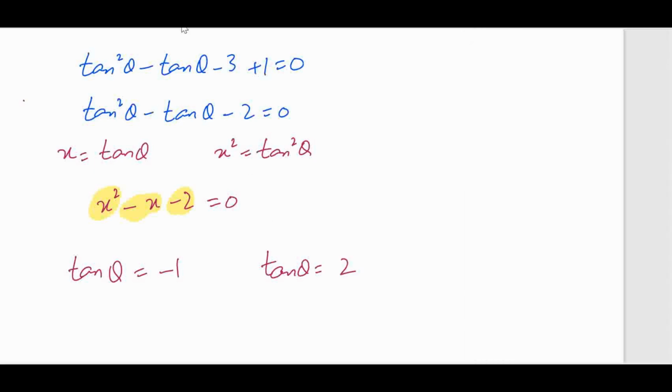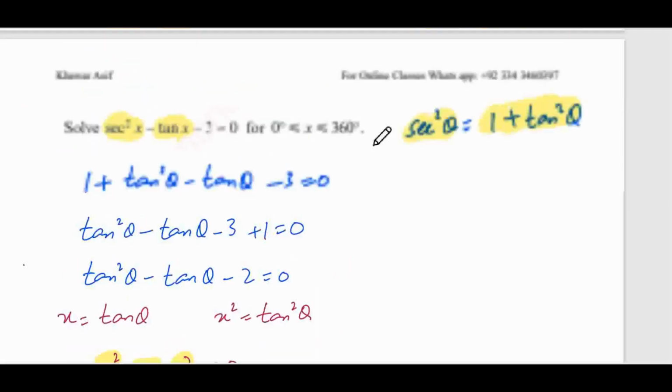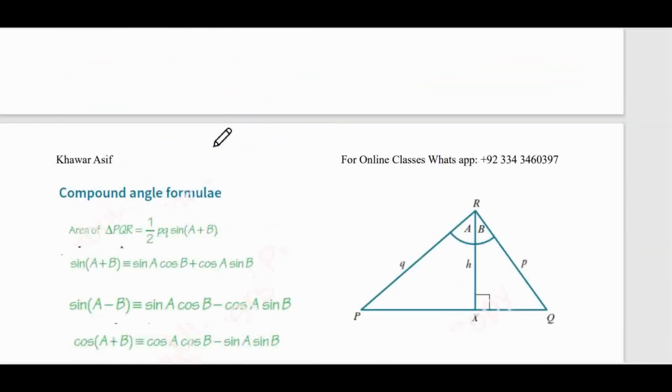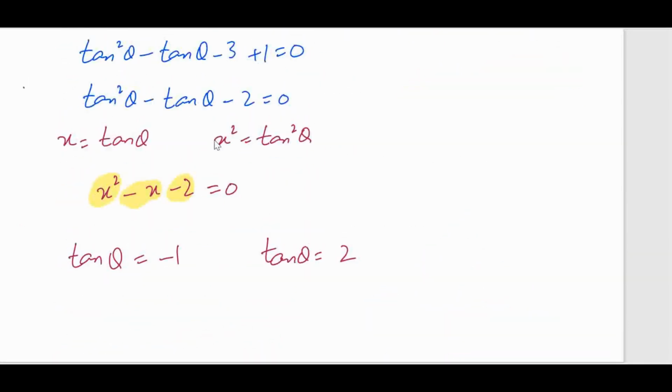Solve means we have to find the value of theta, the unknown variable. Here the unknown variable is x or theta, so we have to replace it. We can write this one as x. So theta, or the angle, will be equal to tan inverse of minus 1 and tan inverse of 2.